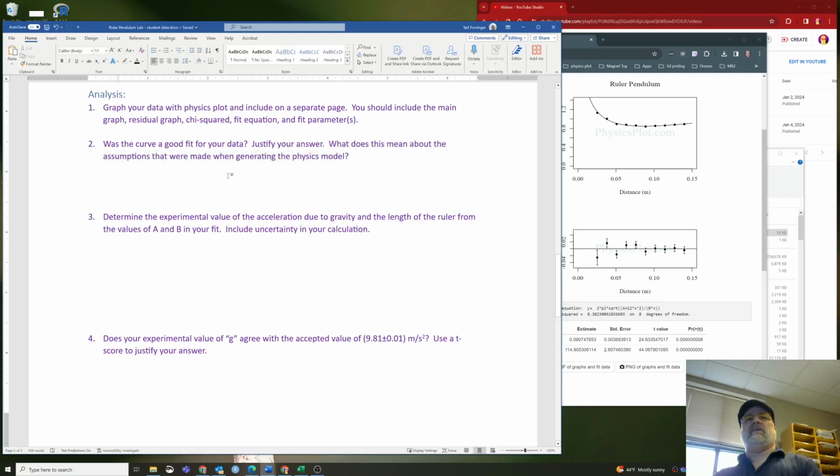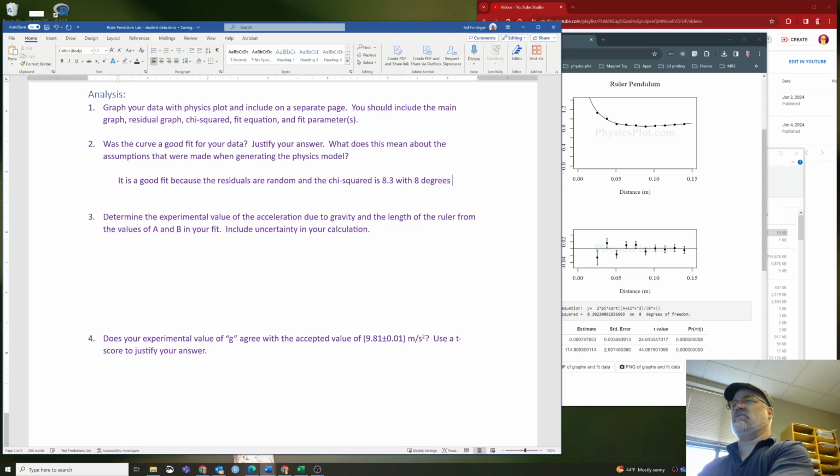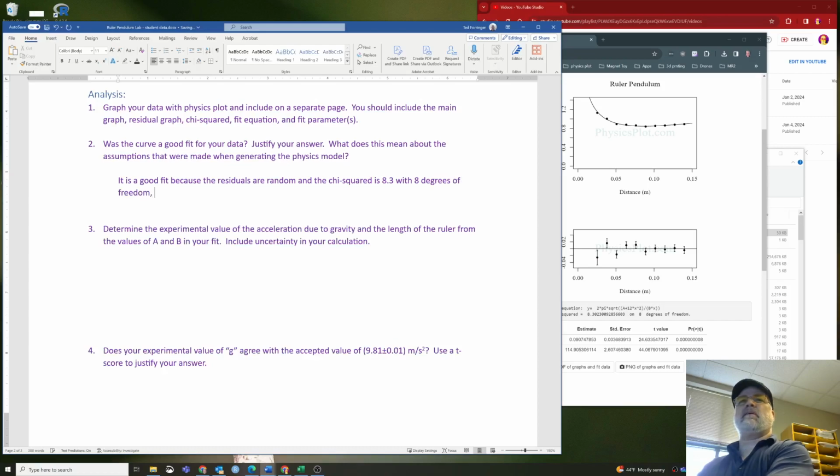So for this one, I would say it is a good fit because the residuals are random and the chi-squared is 8.3 with 8 degrees of freedom. This is okay.